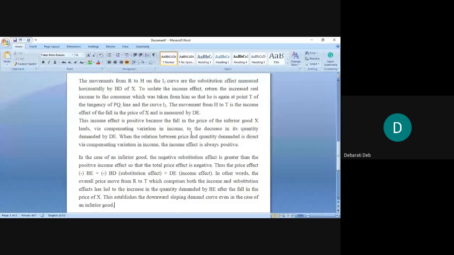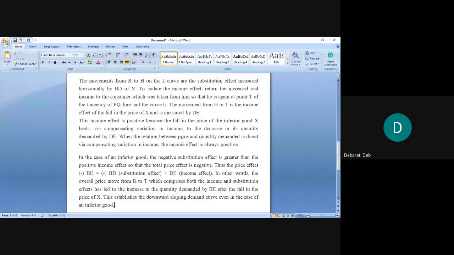When the relation between price and quantity demanded is direct via compensating variation in income, the income effect is always positive. So this we had already discussed: if the quantity demanded and the price of the product are directly related, that means positive, it happens in an inferior good, right?